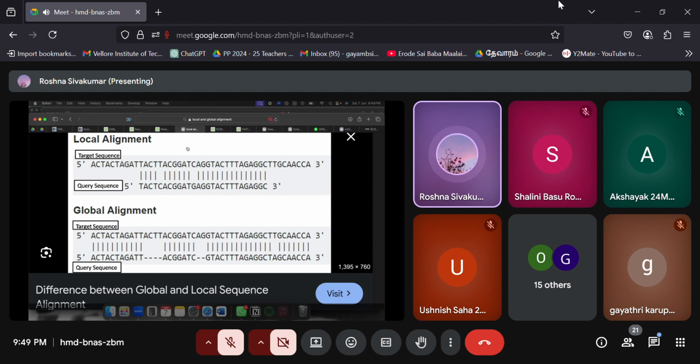But in local alignment, you are focusing on getting the best possible alignment. Even if you start from somewhere in the middle or the end, it doesn't matter. All that matters is you get the best possible alignment. But in global alignment, you make it a point to align both sequences end to end. All right. So basically, in local alignment, you're looking for the highest coverage percentage. Okay.